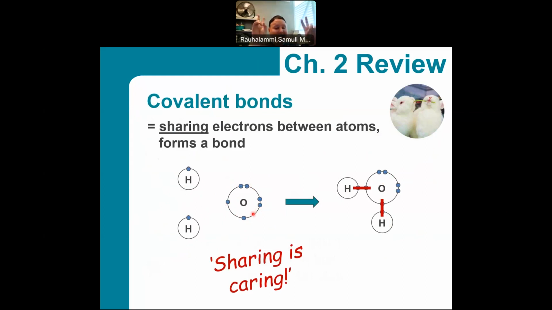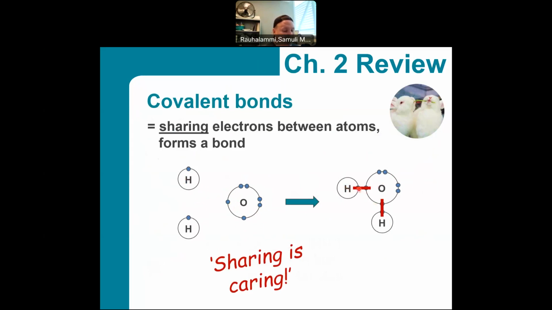In order to find that happy place, oxygen needs 2 more electrons to reach a full valence shell. Well, if hydrogen wanted more electrons and oxygen wanted more electrons, we can't really just give away or gain, because someone's going to end up really unhappy. What happens in this case? Neither one fully gets an additional electron, but rather they share some of the electrons.